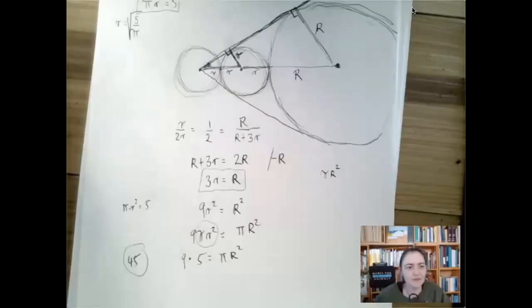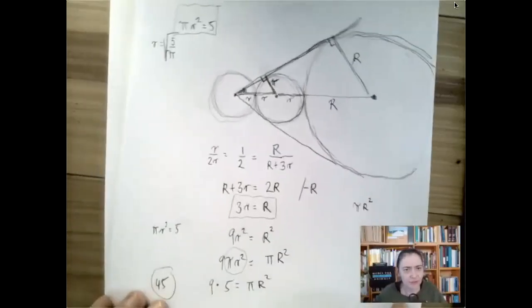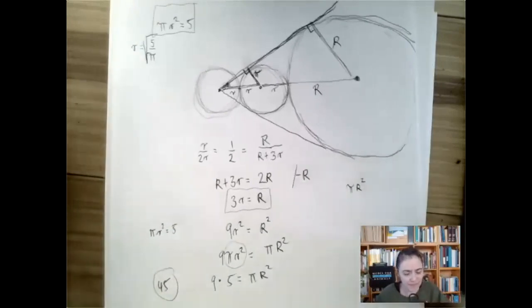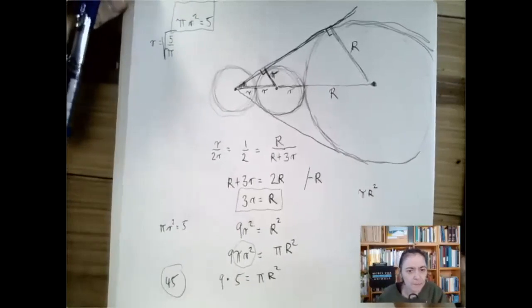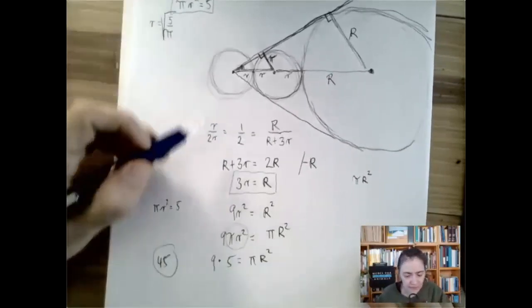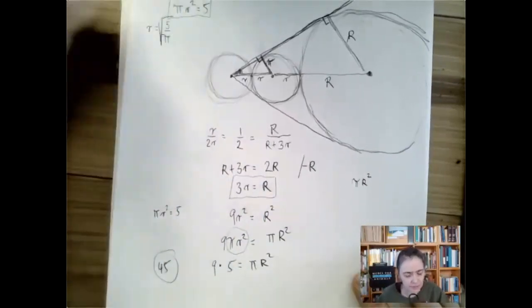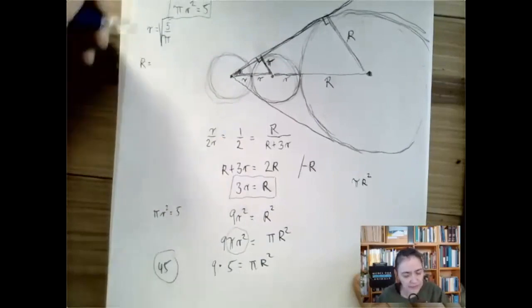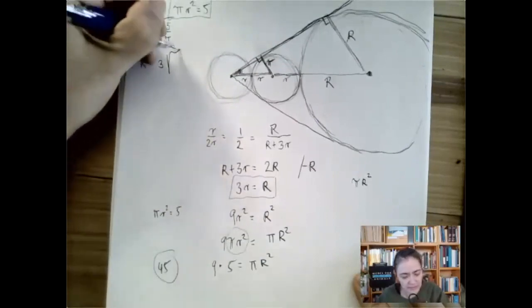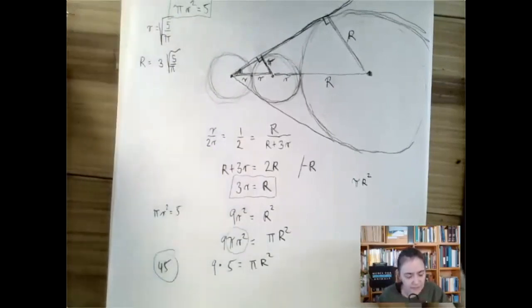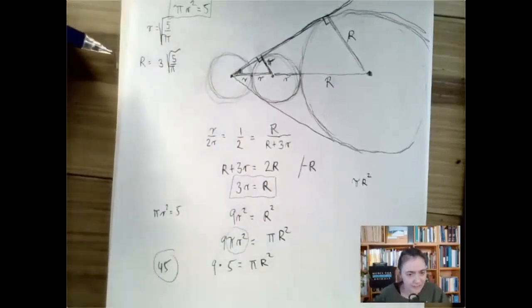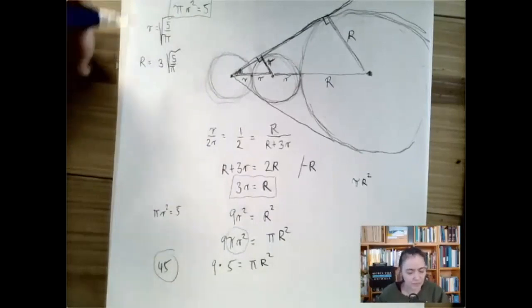One thing before we go. If you're new at this, probably you're going to go right away from pi r squared to r equals square root of 5 over pi. It's not that bad. I don't think there's a way around this ratio problem. So capital R is going to be 3 times square root of 5 over pi.